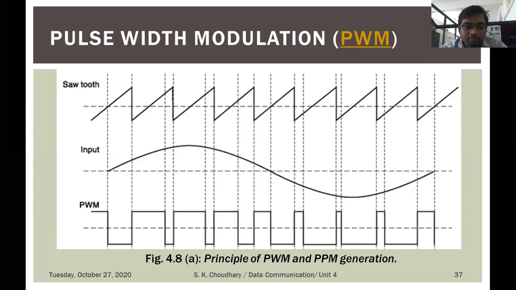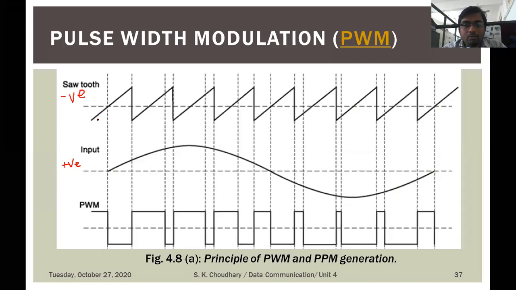You can see that in this particular structure, the sawtooth signal is applied to the negative terminal of the comparator, and the input message signal is applied to the positive terminal of the comparator.